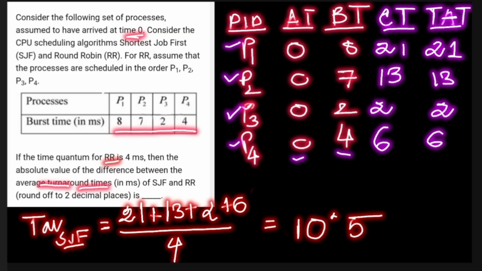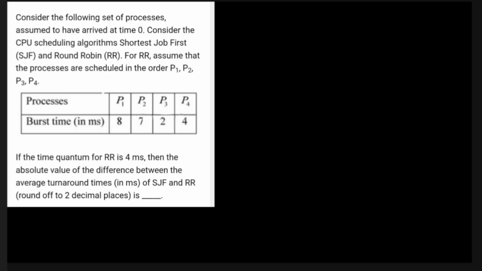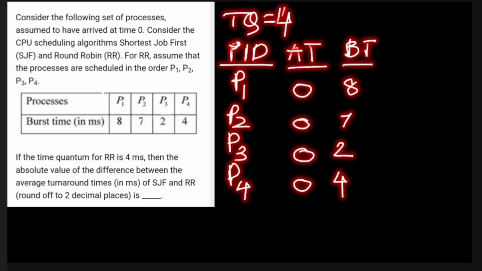Now we have to calculate for round robin. For round robin scheduling, we are given the time quantum. The time quantum is 4. So we will draw the Gantt chart.